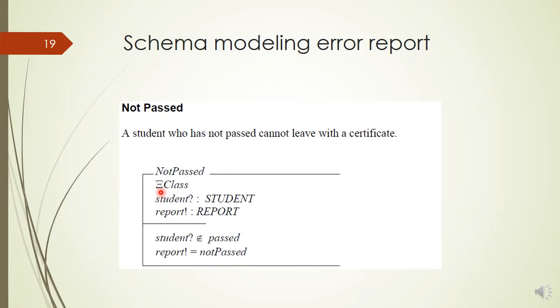Therefore the psi decoration would appear, and we need to declare the input variable student and an output response variable of free type, and this is the precondition predicate that the student does not belong to the pass set. Therefore, the student cannot leave with a certificate. So the system must respond that the output message not passed must be printed.